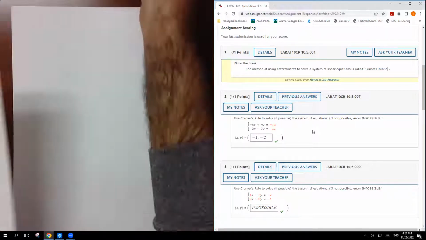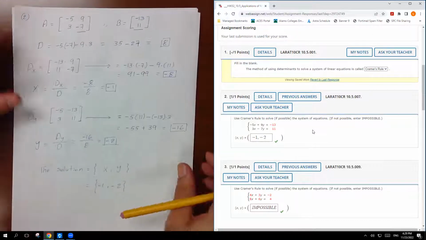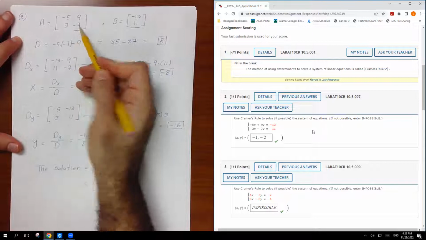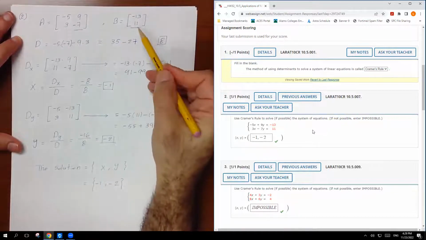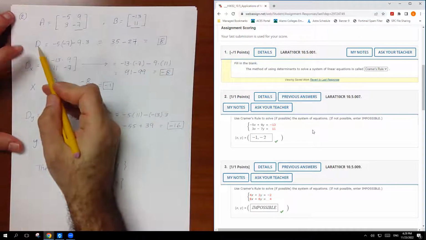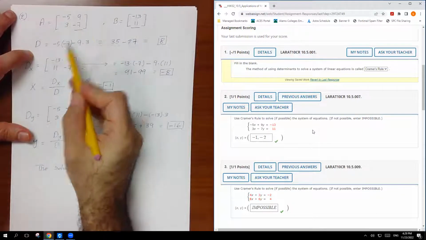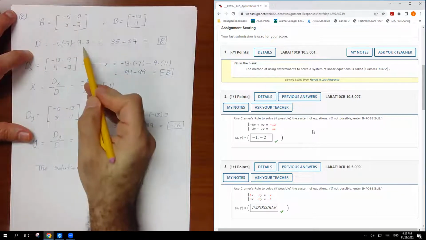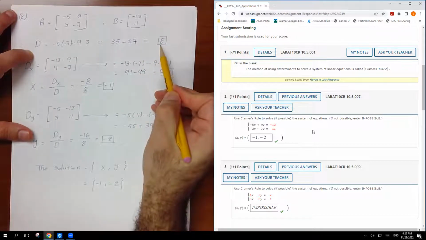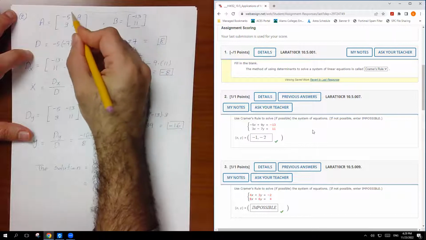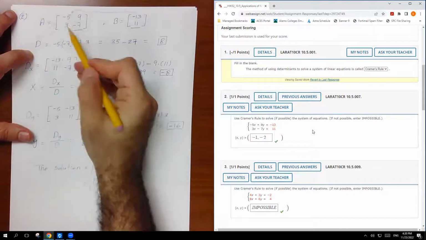So the first step, I'm going to write down the system. A equals -5, 9, 3, -7, and here's B, -13, 11. Find the determinant for this matrix, which is -5 times -7 minus 9 times 3. The determinant is going to be 8. Then I'm going to substitute B instead of -5 and 3.